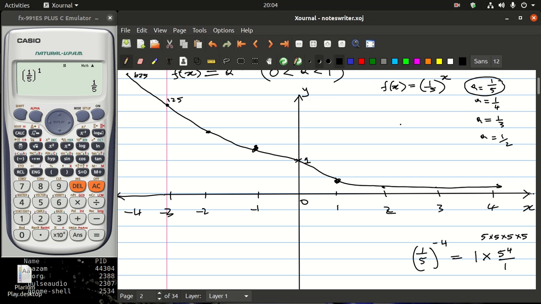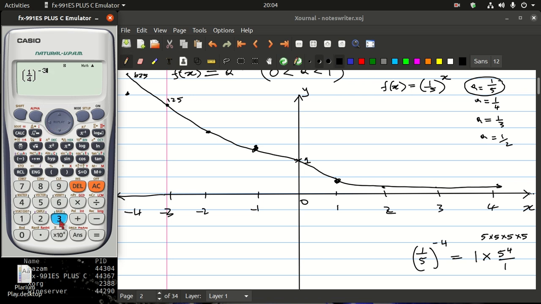I can just say I'm going to test two values. I'm going to test 4 there, and then I'm going to place a minus 4 there and see. So I'm getting a value that is below this, somewhere there. And then I'm going to test another value, and then I'm placing a minus 3 there.